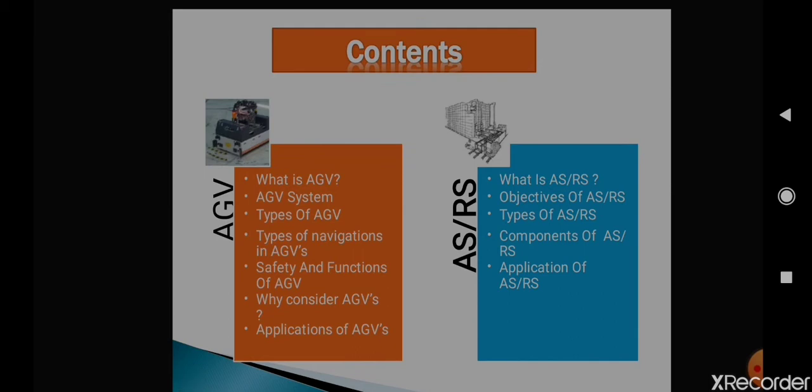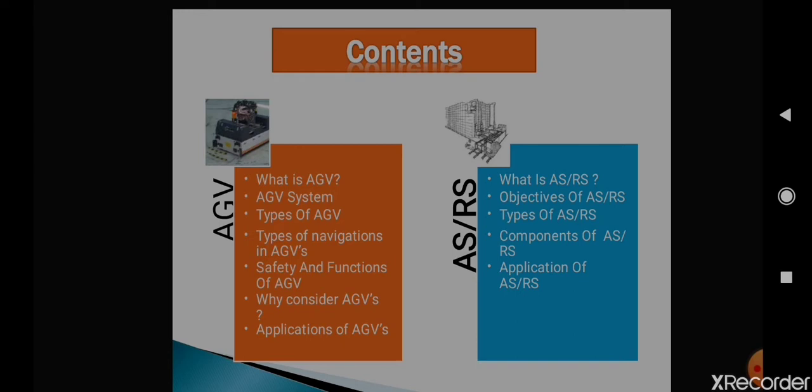In this slide we'll see what the contents are. We'll see the AGV, what is AGV system, types of AGV, types of navigation in AGV, safety and functions of AGV, why consider AGVs, and application of AGV.